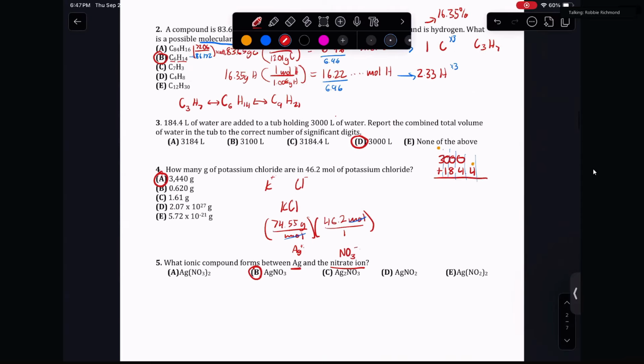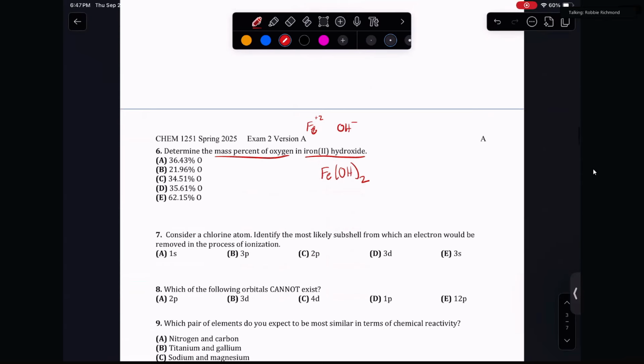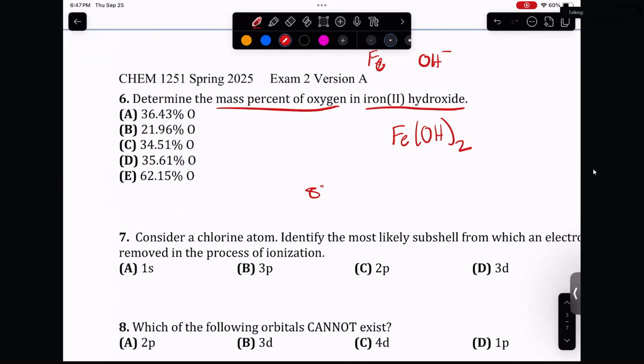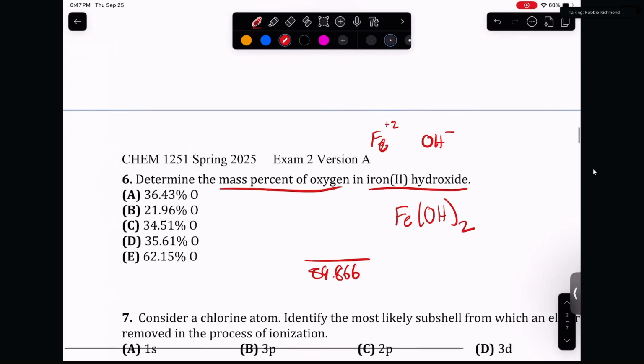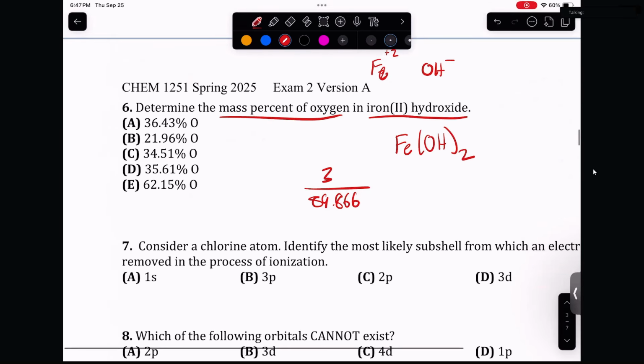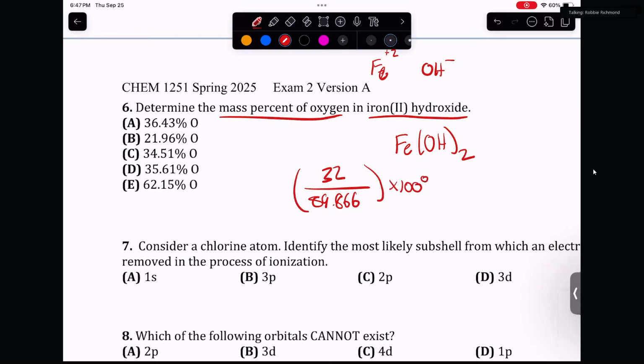I get 89.866 for our molecular weight. And then getting the mass percent of oxygen, we just take our 32, all that times 100%, and that would be the mass percentage of oxygen within this compound.